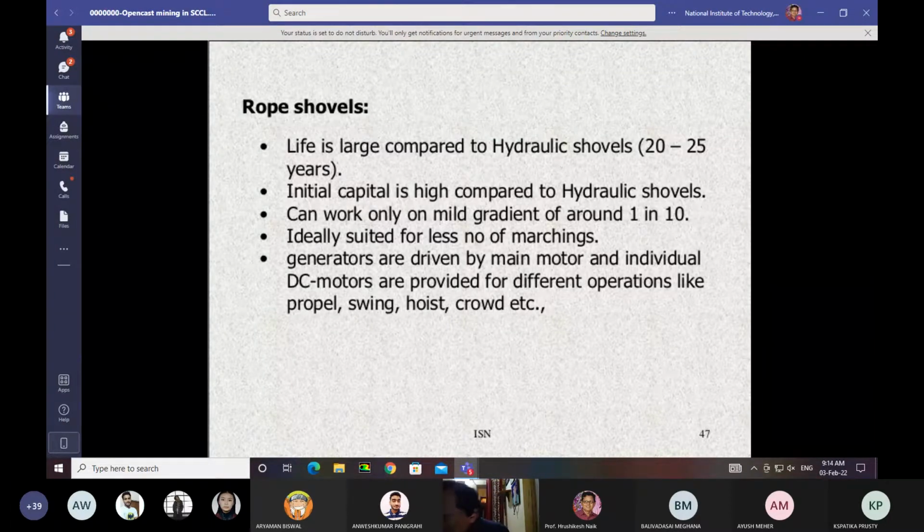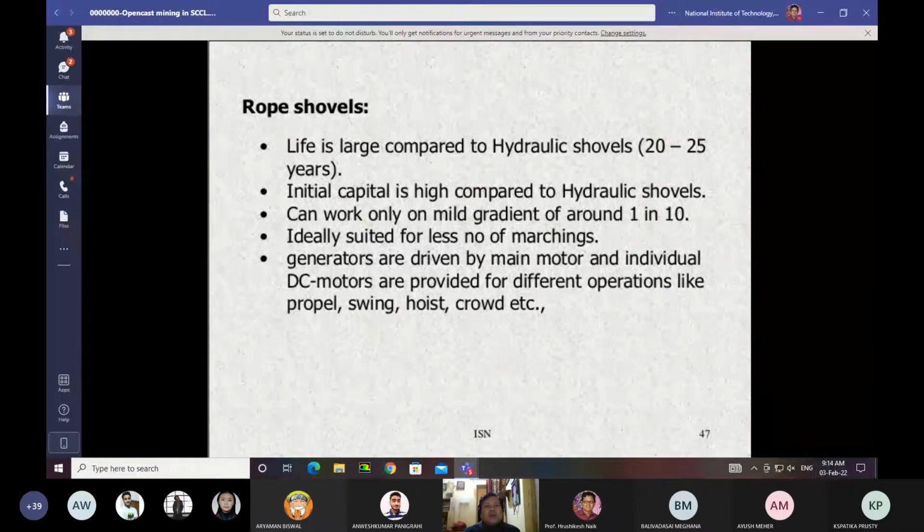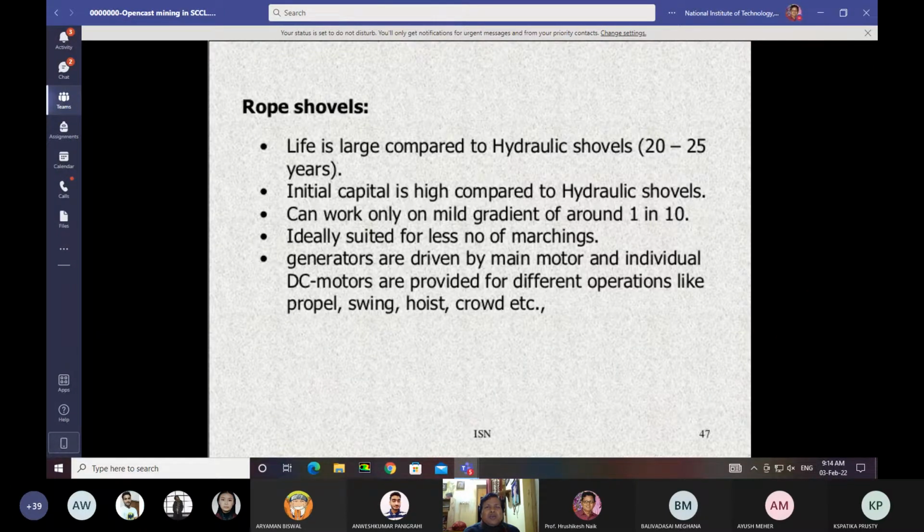Therefore, you have to study all these parameters before selecting the machine. The rope shovels are very much suitable for less number of marchings because the machine is very big. If you move the machine from one place to another place, it becomes a very difficult task. Therefore the rope shovels or the electrical shovels are ideally suitable for less number of marchings.